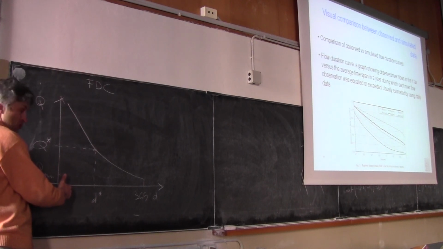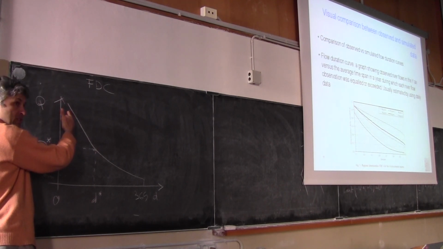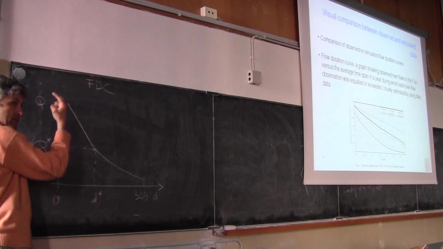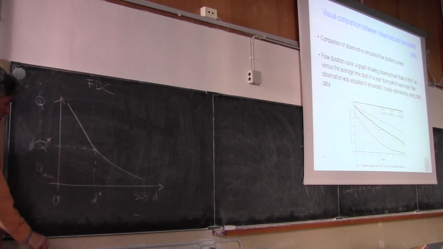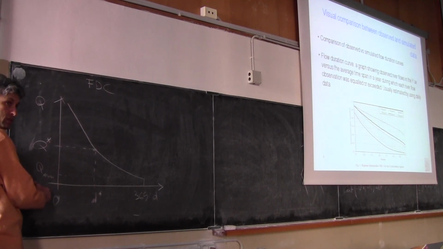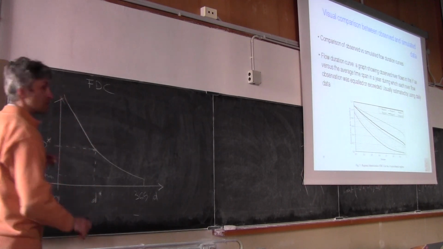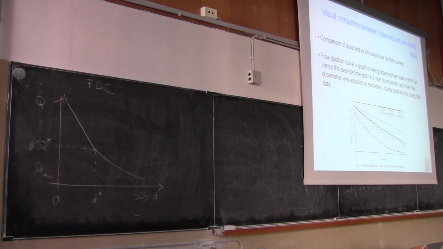Of course, if you stop at 1 day, you get a finite value of the river flow, which is the river flow that on average is reached or exceeded 1 day per year. But if you allow the duration to go down to 0, then the curve tends to infinity, in principle. Okay?